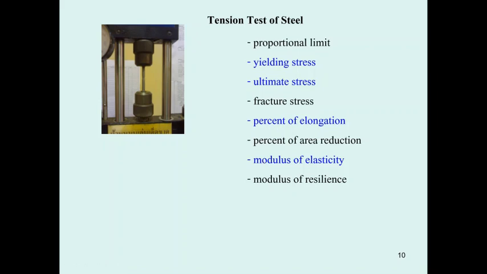So you have to draw the stress-strain diagram of the material to get these 3 properties. And then you have to find the percent of elongation. This one shows the ductility of the steel. Most of the time, the standard and specification give the percent of elongation of the steel as larger than 20%.